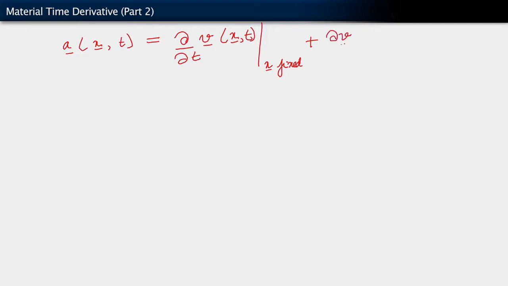All right, so let me reproduce that here. The spatial Eulerian acceleration, as we've seen, now is this: partial of v with respect to t, with x fixed, plus partial of v with respect to little x, differentiated with respect to little t.